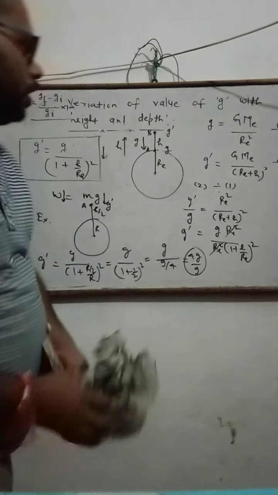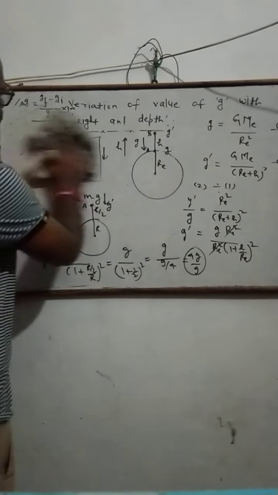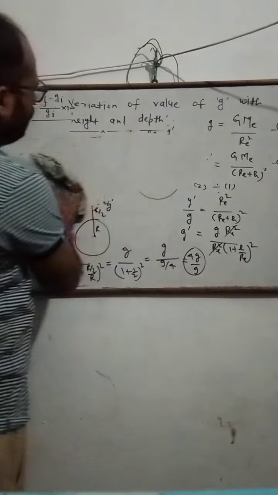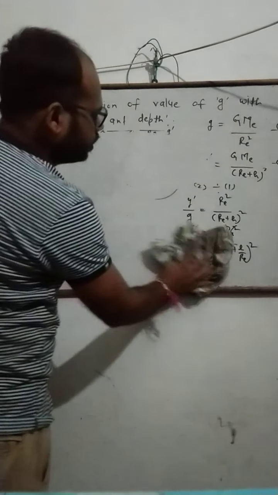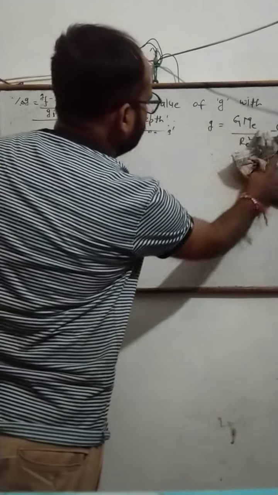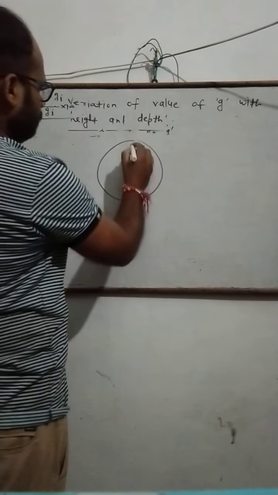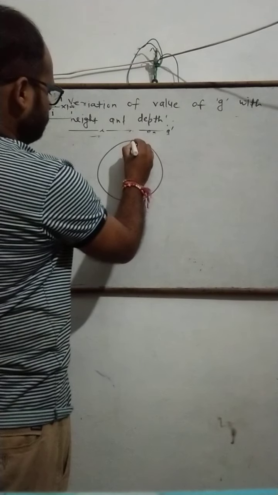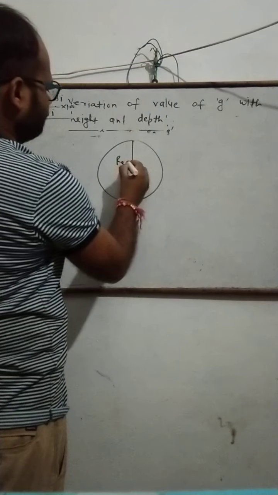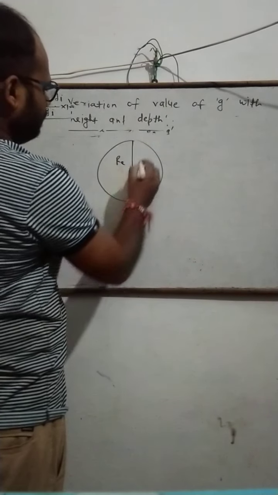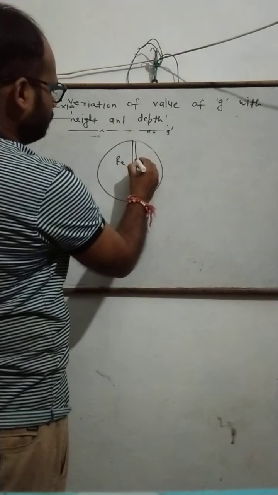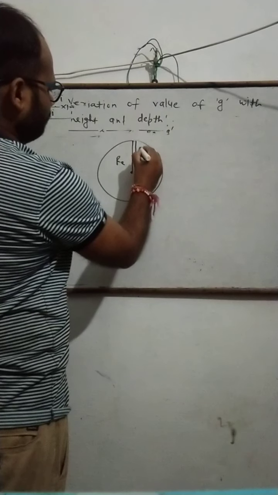Okay, now it's time to learn what will happen to the value of g when we move downwards from the surface of Earth. So here, let RE be the radius of Earth, and you are moving down a distance d.